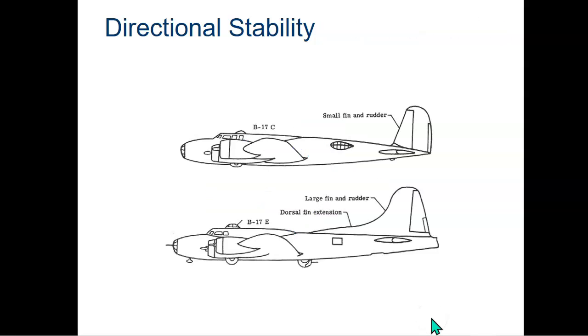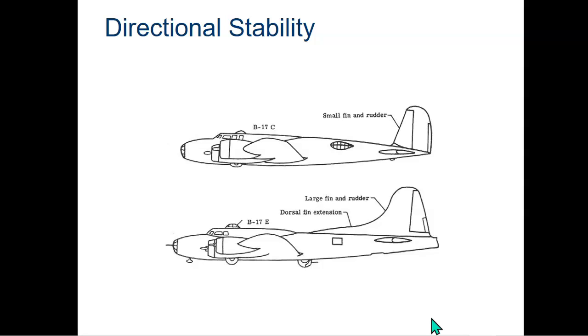All right, so let's look at directional stability. If you look at these two aircraft, they're both B-17s. One is the B-17C and the other one is the B-17E. If you notice the rudder or the vertical stabilizer on this aircraft, the one at the top has a very small tail compared to the one at the bottom.